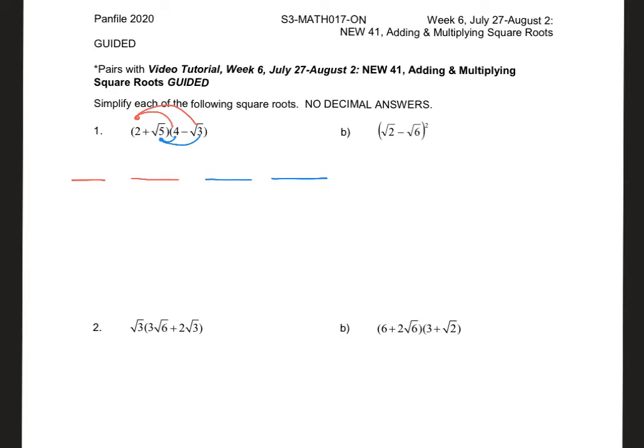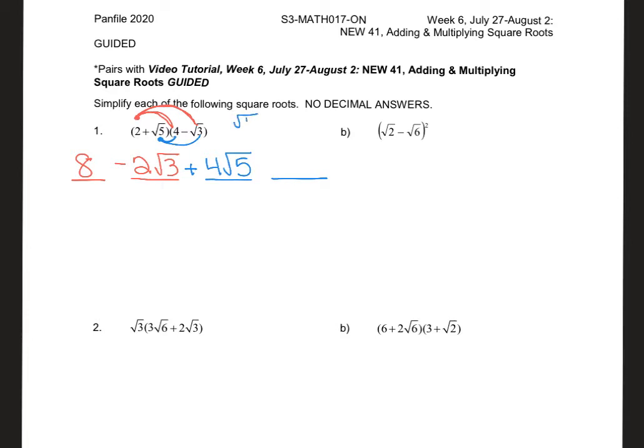So 2 times 4 gives me 8. 2 times negative root 3 gives me minus 2 root 3. Root 5 times 4 gives me positive 4 root 5. Notice I want to put the number that's not in the radical in front of it. If I put it behind it, it'll somewhat get lost. It might look like root 54, right?